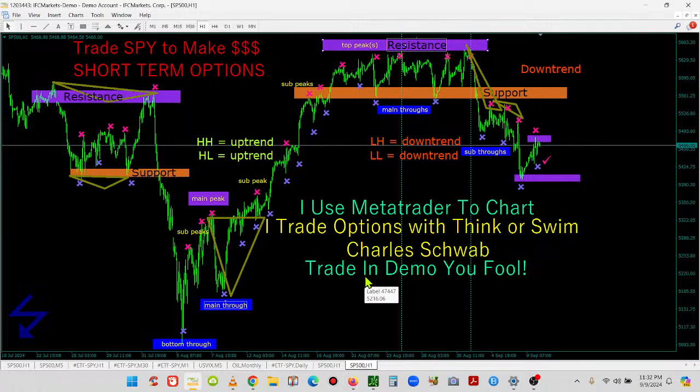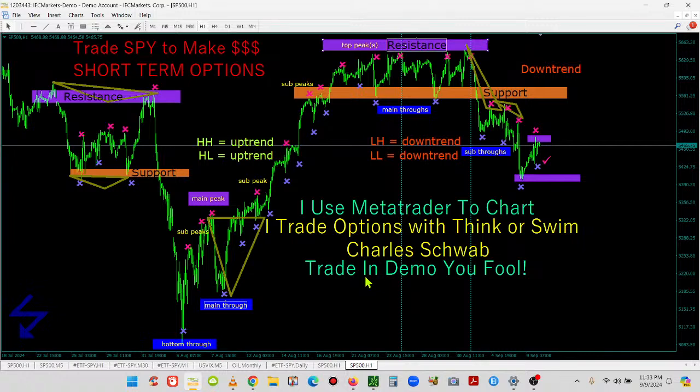you have to trade in demo, you fool, until you get it down. And I recommend that you do not use live money if you cannot get it down in a demo account. You should try to practice and get it down for a month straight before you go live.